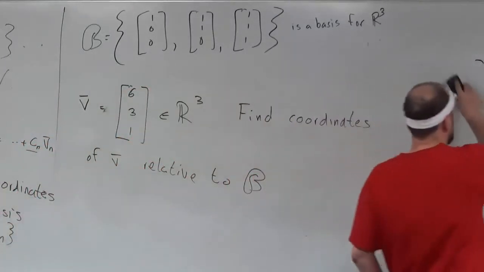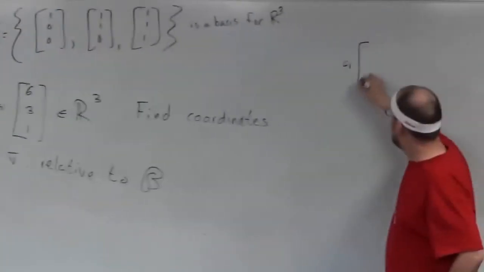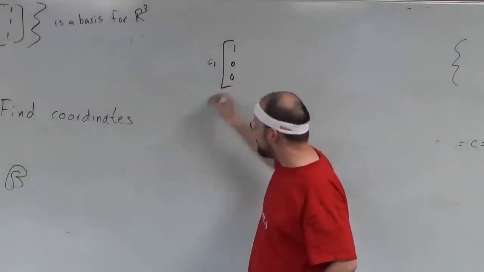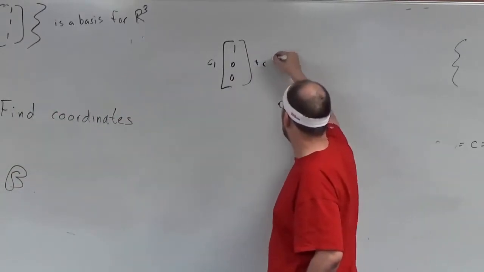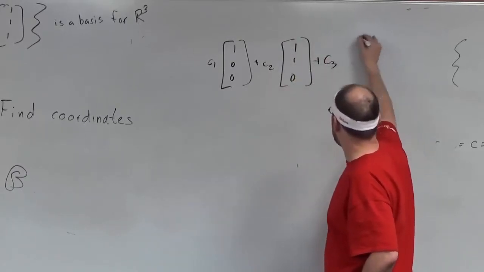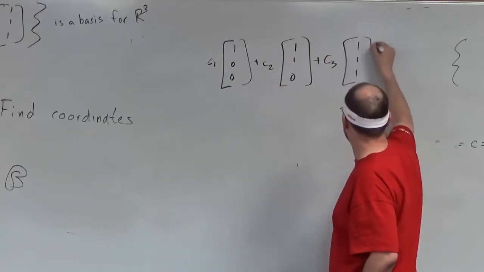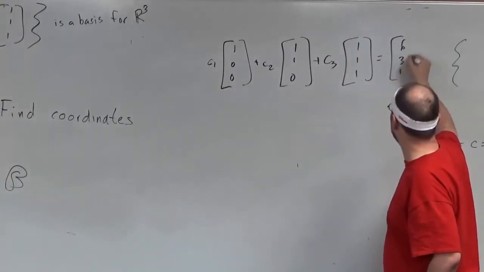Well, how would you find the coordinates? Well, you say, I know that coordinates are just the coefficients in the linear combination of the basis elements that give me the vector. So there's some combination of the basis elements which have to give me 6, 3, 1.